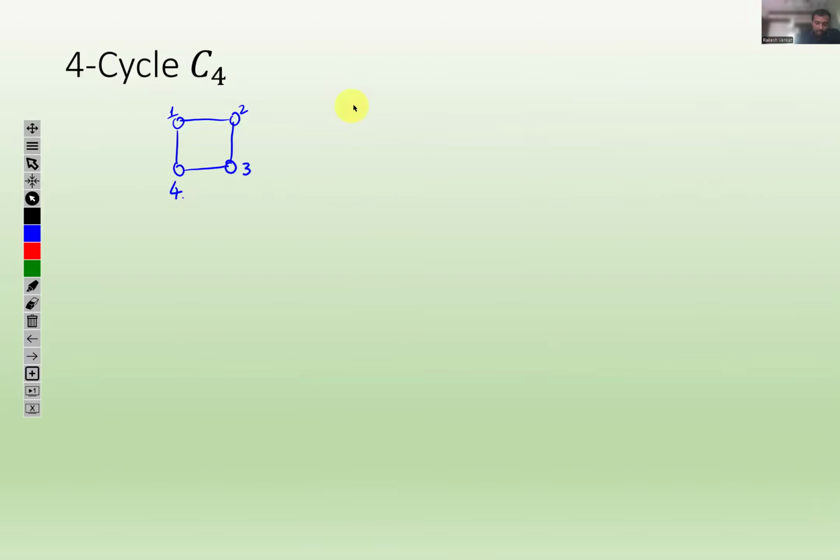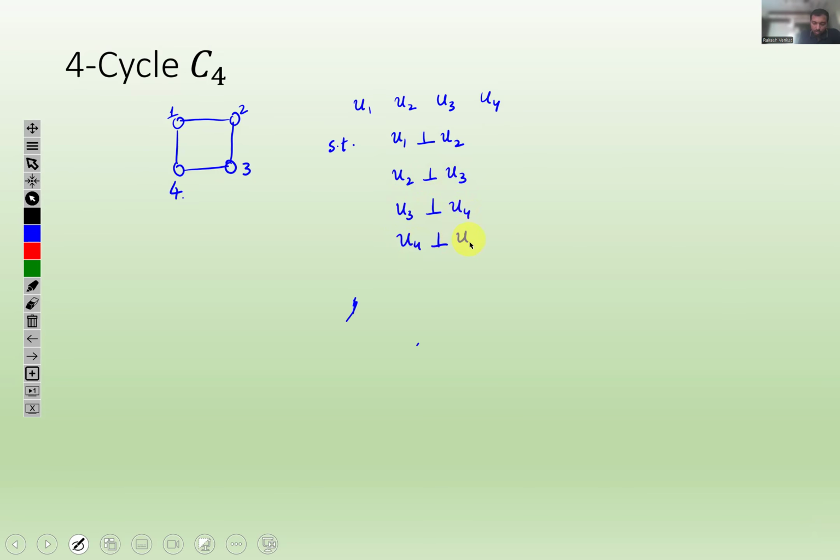You want vectors U1, U2, U3, U4 such that U1 is orthogonal to U2, all are unit vectors, so you can always assume that, U3, U4, and U4 is orthogonal to U1.